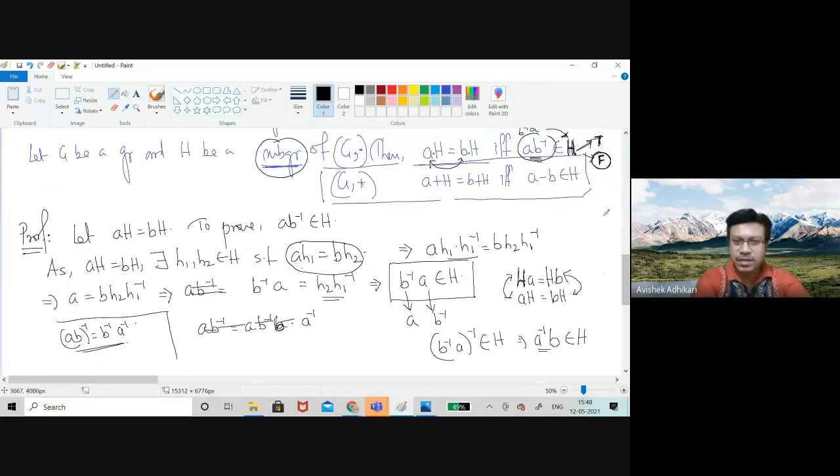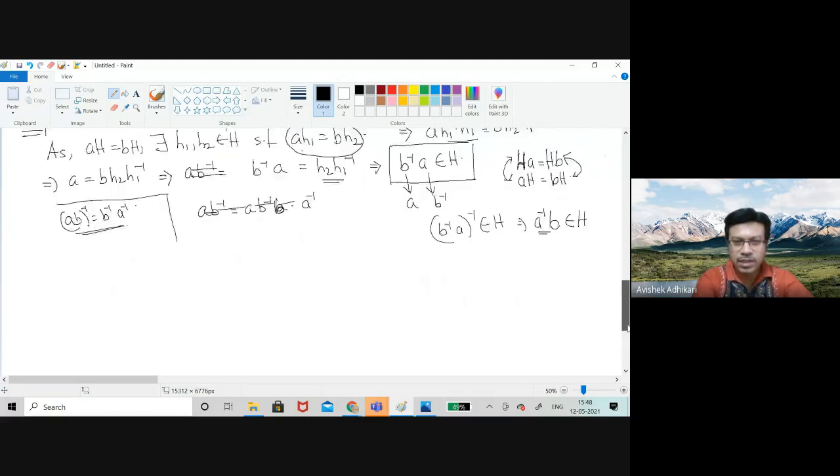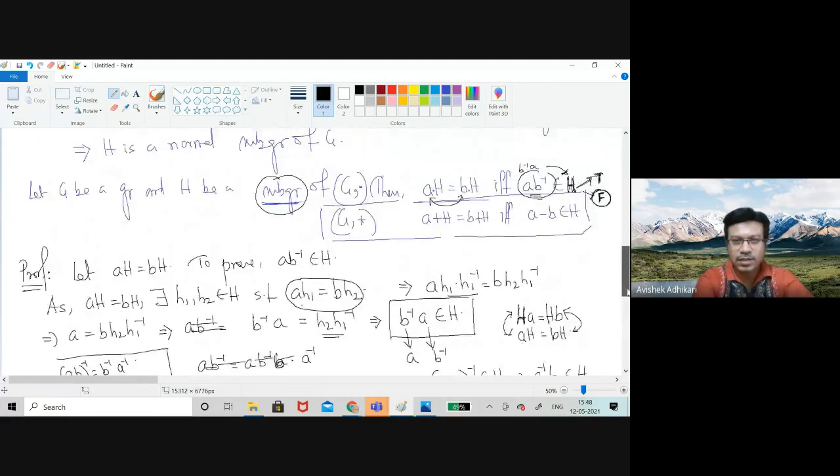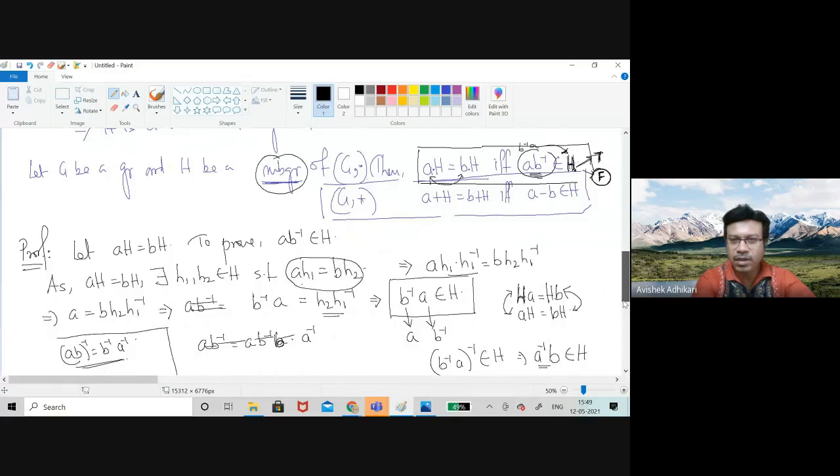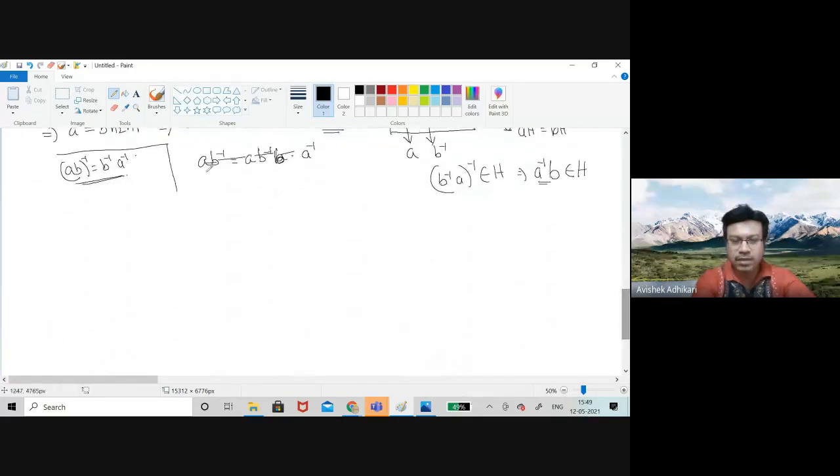Okay. So let us again have a look at this, what she has pointed out. Let's start with the statement I wrote initially: AH equals BH if and only if AB inverse belongs to H, and H was any subgroup. So what she gave, G equals S3 and H is this group {e, (1 2)}.